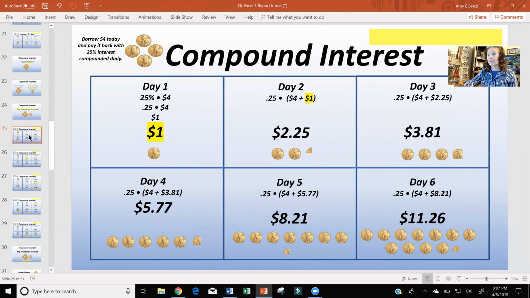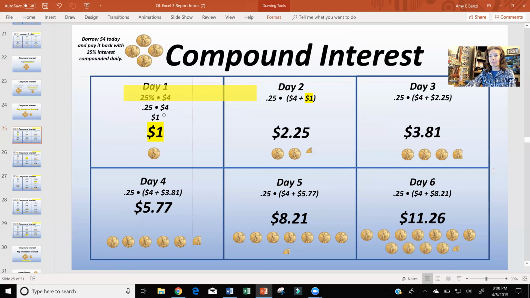Let's see what that looks like. Here, you can notice that the very first day stays the same. I pay back 25% of my $4, and then on the second day, I pay back 25% of my $5, because I have to pay back 25% of the $4 I initially borrowed plus the interest on that dollar.